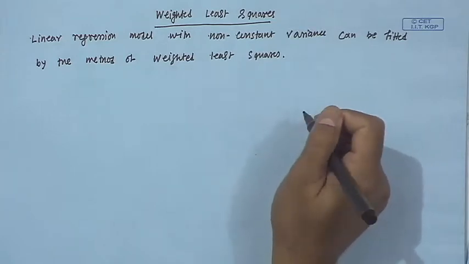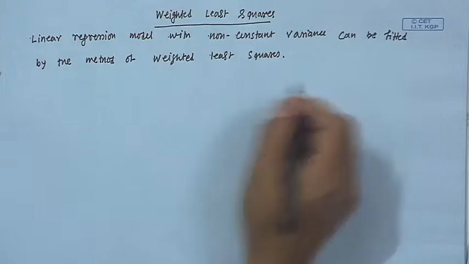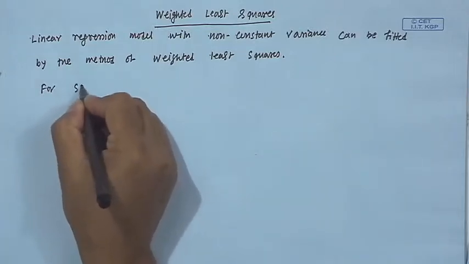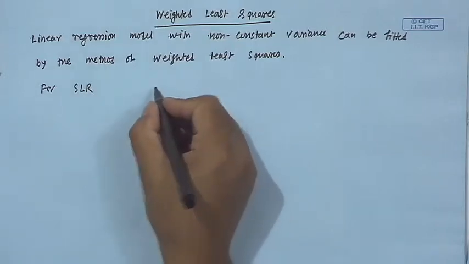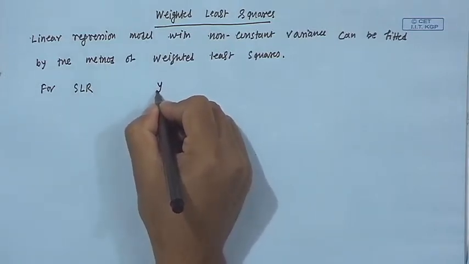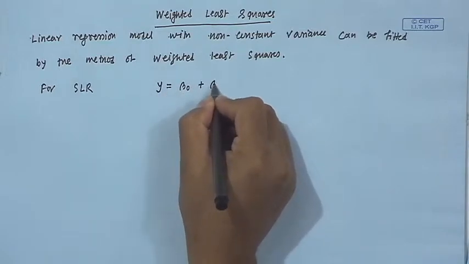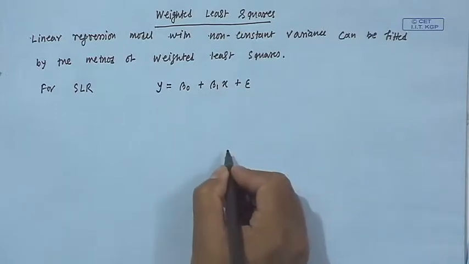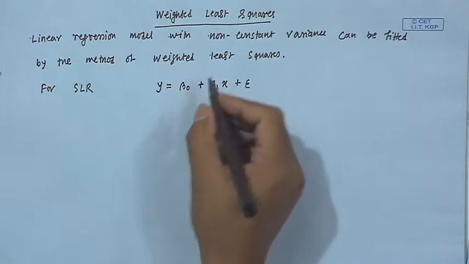Okay. So, if you can recall, for the simple linear regression model, the model is y equal to beta naught plus beta 1 x plus epsilon. So, what is the ordinary least square?